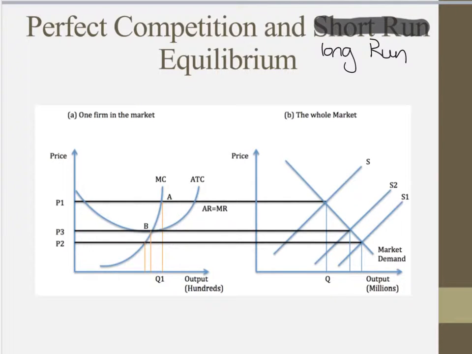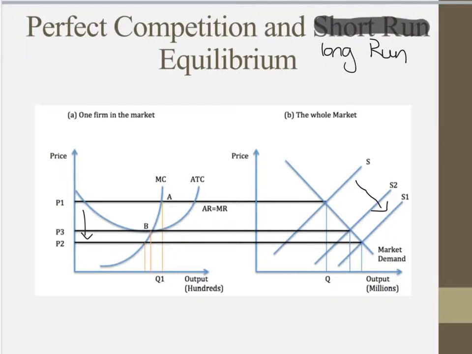Now, as there are no barriers to entry or exit in perfect competition, firms are going to enter the market and actually shift out the supply curve, as you can see, from S to S1. So loads of firms will pour into the market, shift the supply curve out, and actually reduce the price level from P1 to P2.